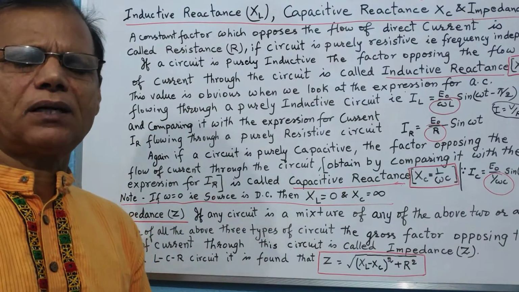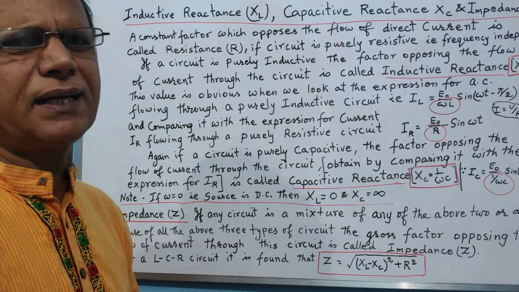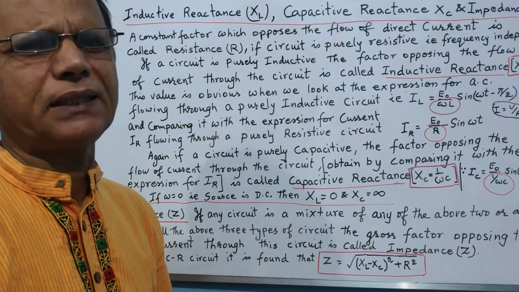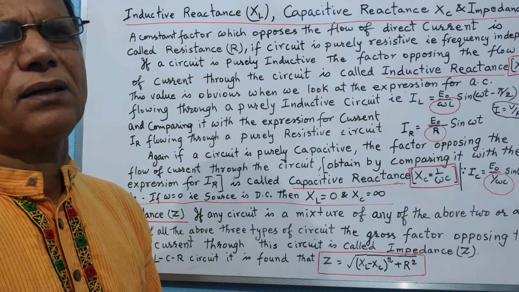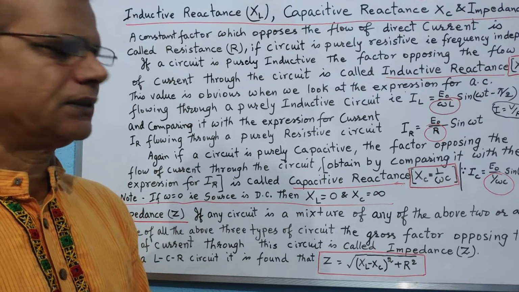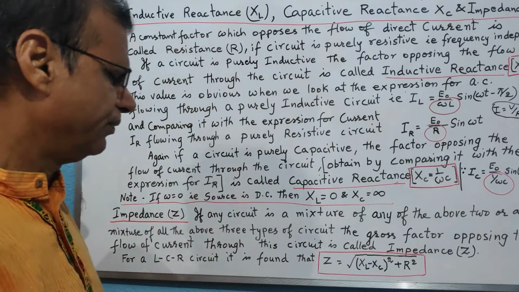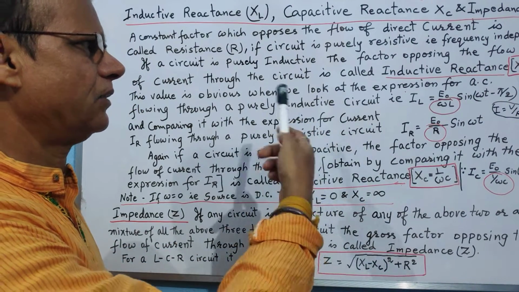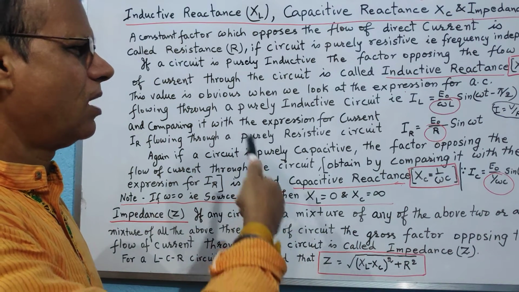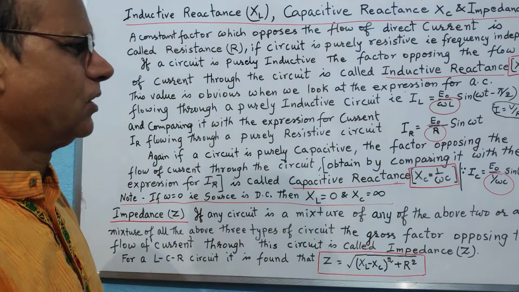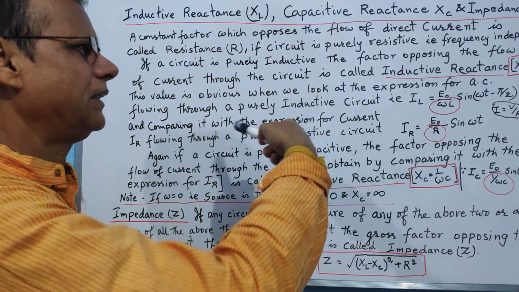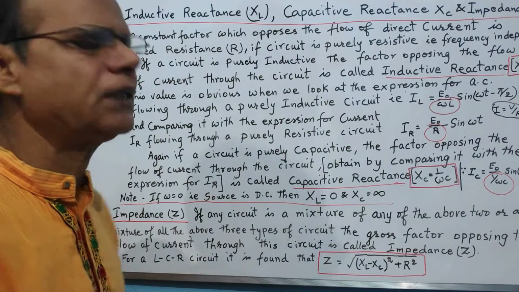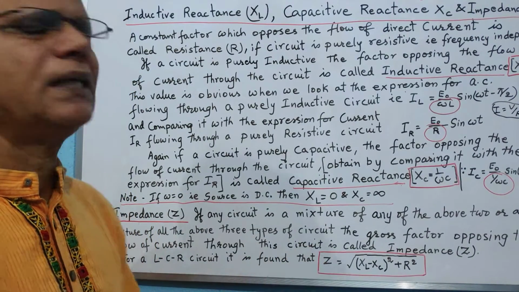Now students, we talk about impedance. Impedance is the general case because we usually do not have a purely inductive circuit or a purely capacitive circuit. We usually have a mixture of two or three of these. The opposition to the flow of current through a combination of these circuits, inductive and capacitive, or inductive and resistive, or capacitive and resistive, or all three, inductive, capacitive and resistive, is known as impedance.